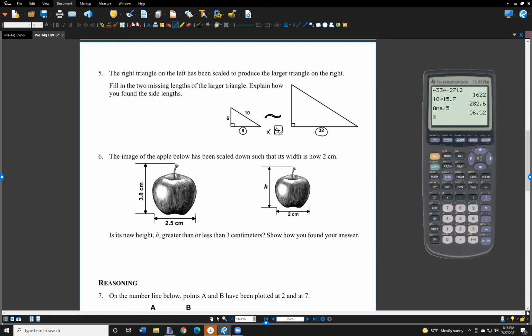Yes, that is the scale factor. Every side should be multiplied by 4. This side corresponds to this one. So 6 times 4, this side will be 24. This side corresponds to this one. We have 10 times 4 is 40. This is similar.